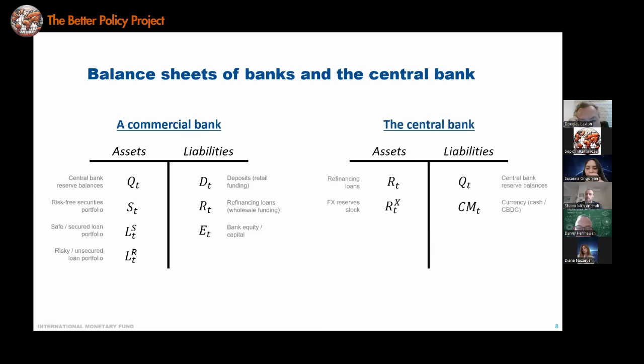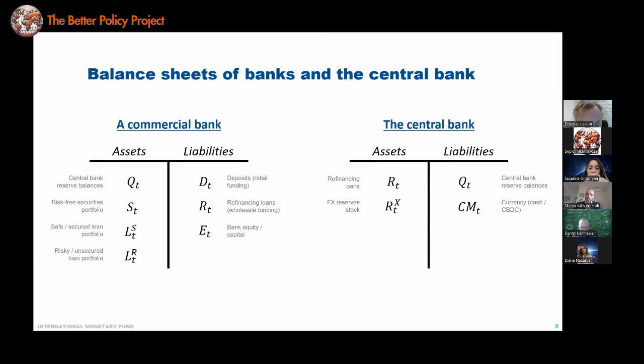On the central bank side, we have, again, a relatively simple balance sheet. On the liability side, we have central bank issued money, either cash that the entire economy can hold, or reserve balances that only banks can hold, for instance, to satisfy reserve requirements and so on. On the asset side, though, we have two types of assets.